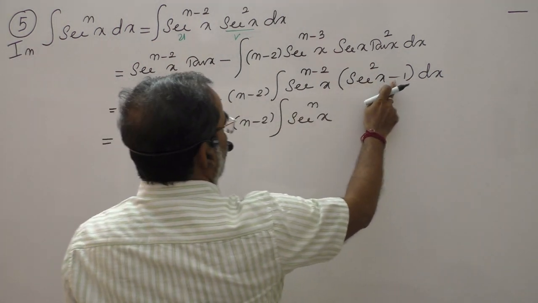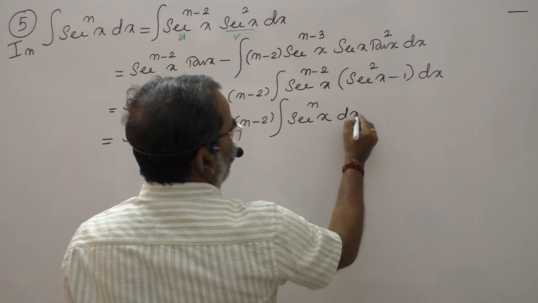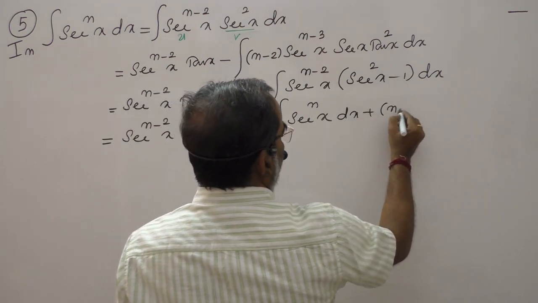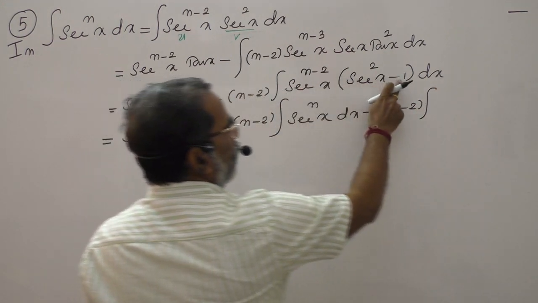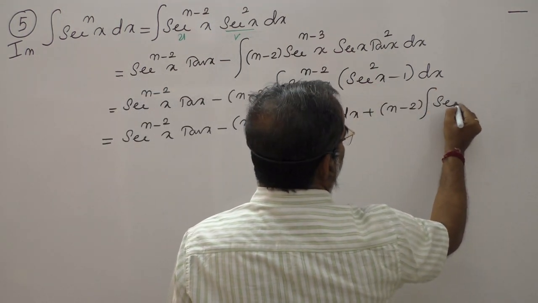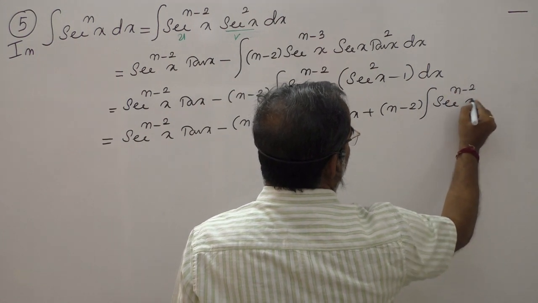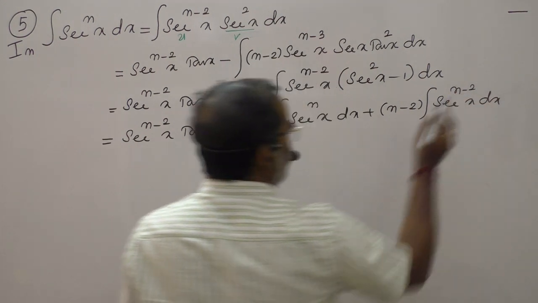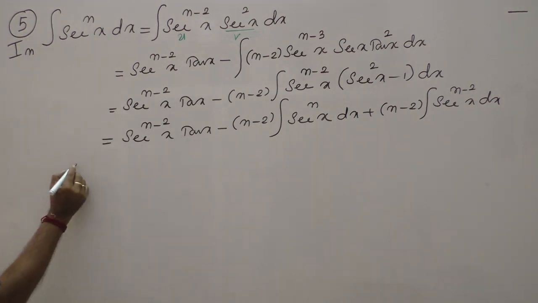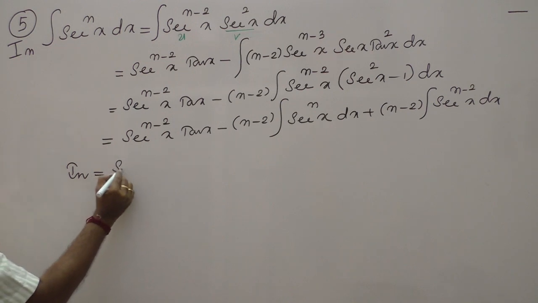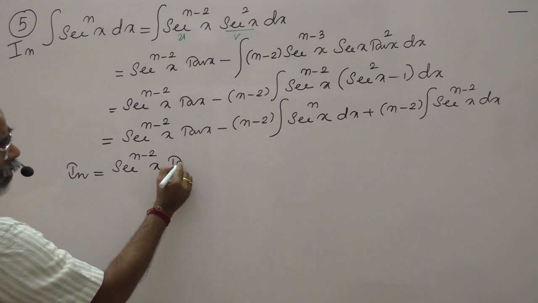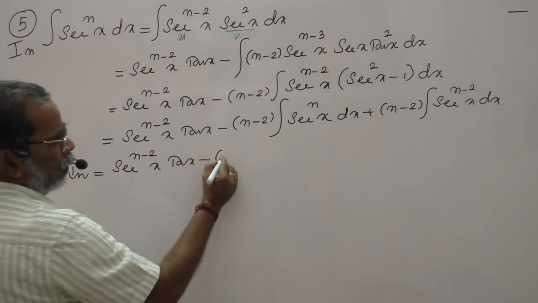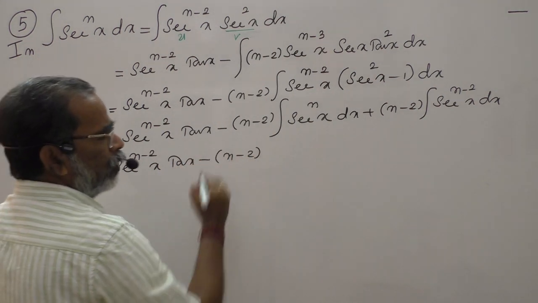This minus into minus plus. n minus 2 will be there for this also. Integral of sec power n minus 2 into 1 is sec power n minus 2 x dx. So therefore what is there on the left side? Left side we have I n, which is equal to sec power n minus 2 x into tan x minus of n minus 2 into.